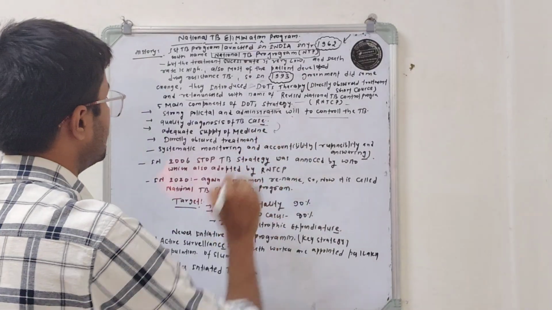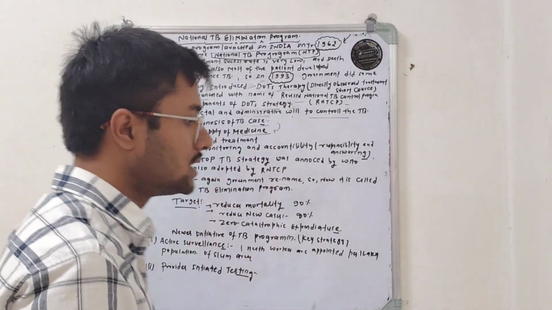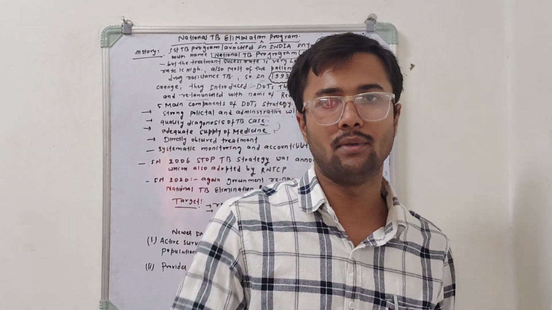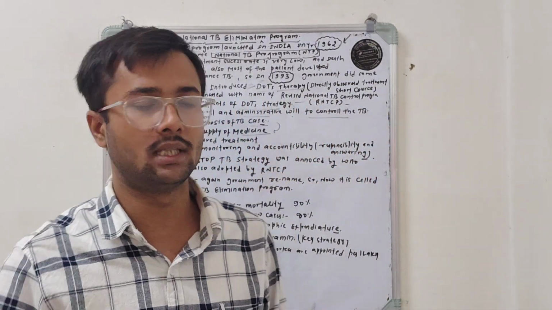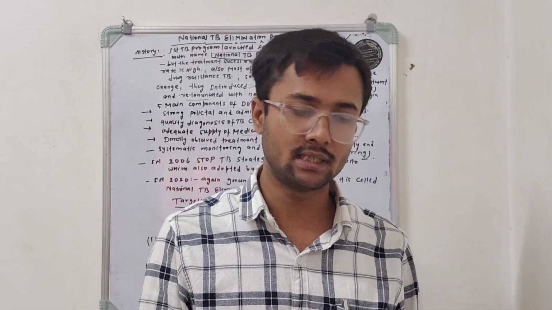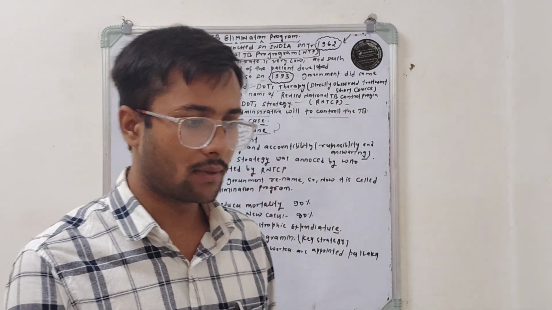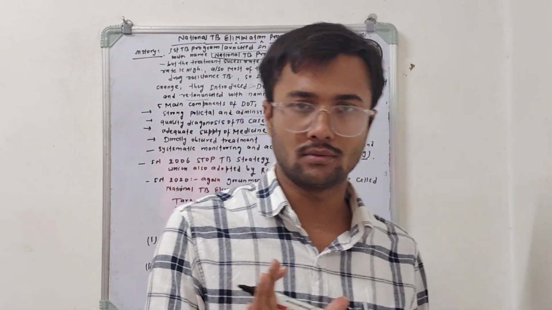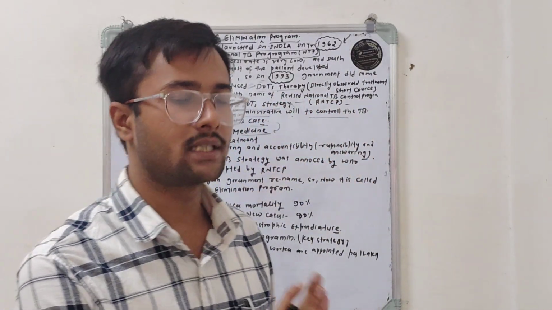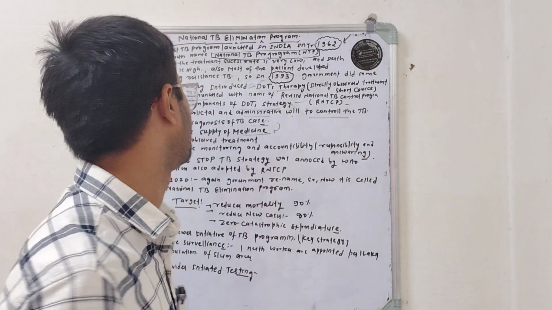The third thing is adequate supply of medicine. The government ensures that there is a proper supply of TB medicine at each PHC level.